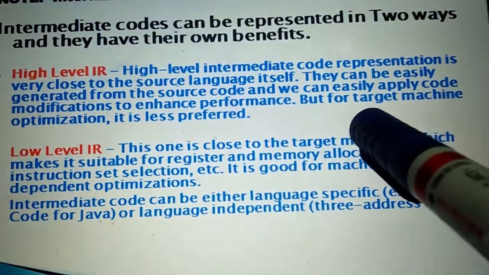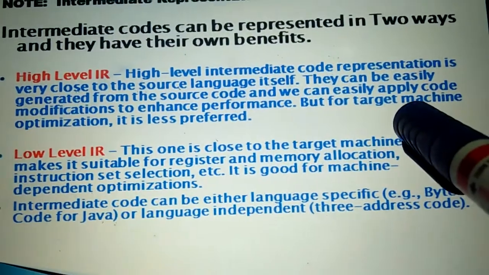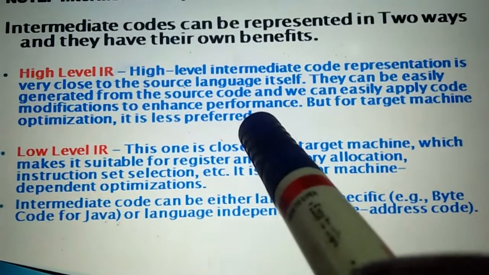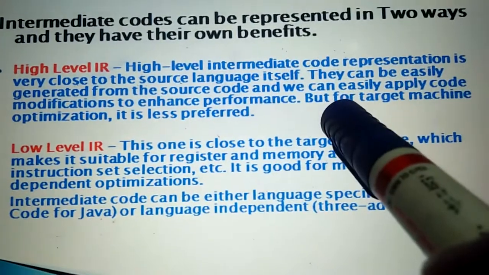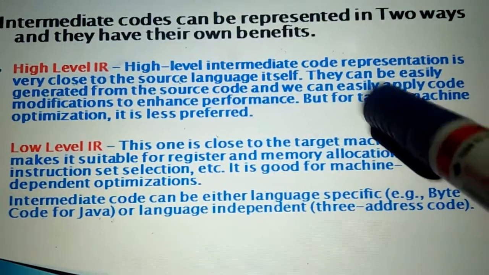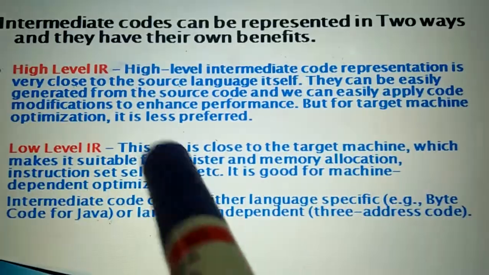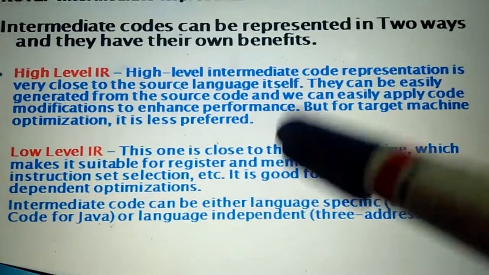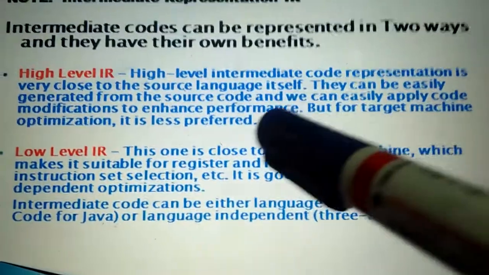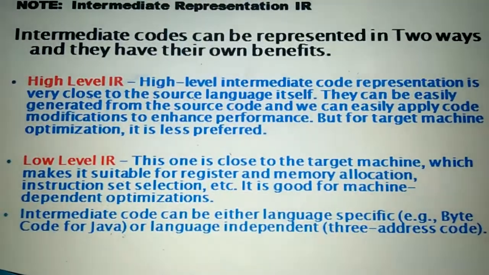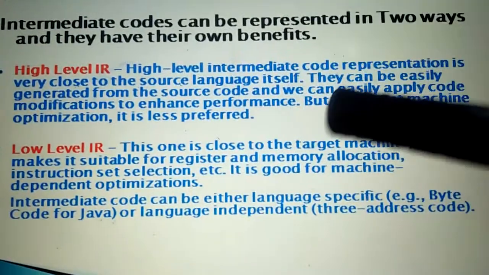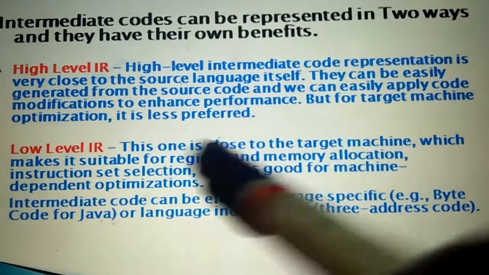But for the target machine, optimization is less preferred. Once the target code is generated, the modification or optimization cannot be done in the target code. Why? Because it all depends on the final code generated from the intermediate code.